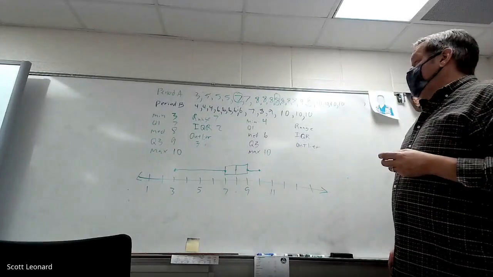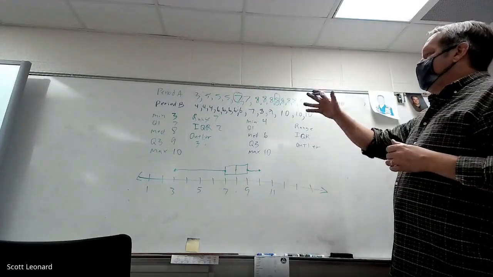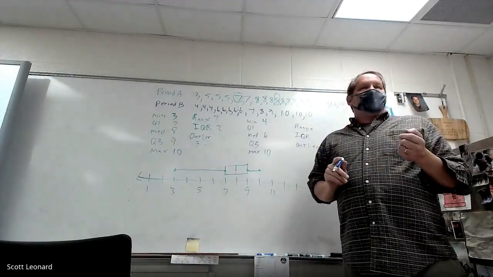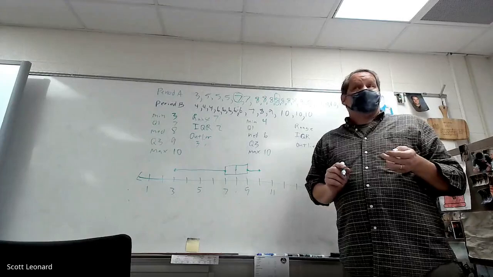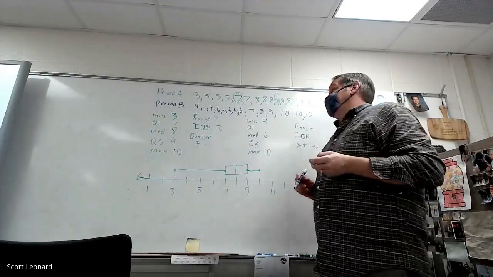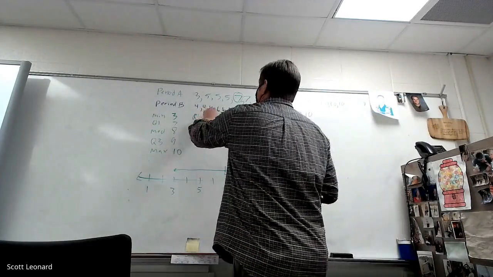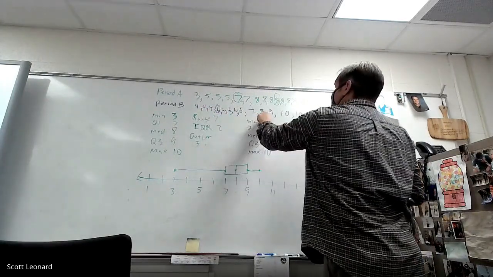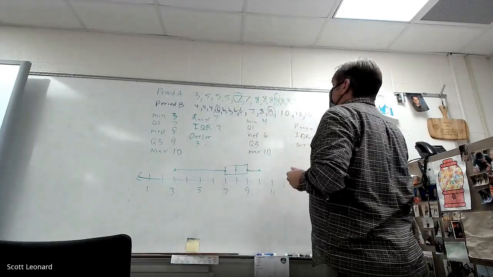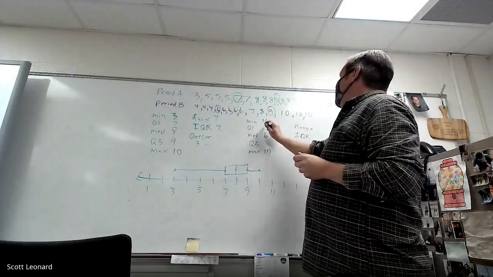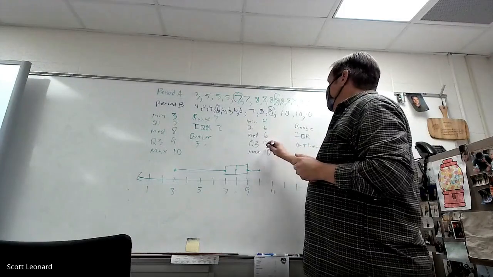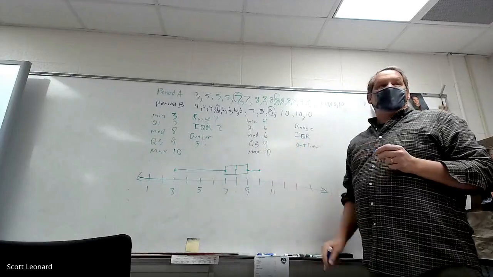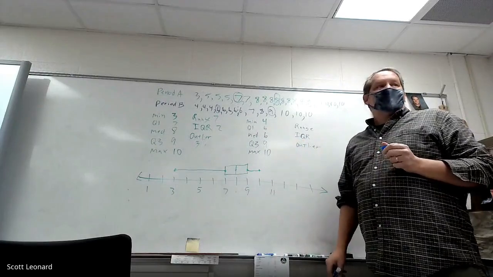Okay, Q1. So now I have 7 numbers left and 7 numbers right. If I have 7 numbers, the middle number is the 4th number: 1, 2, 3, 4. And I'm going to go on this side: 1, 2, 3, 4. My Q1 is 6. My Q3 is 9. Uh-oh. My median and my Q1 are the same number.